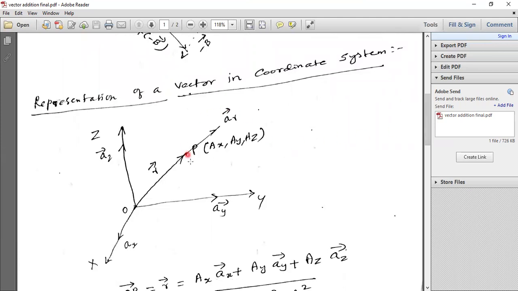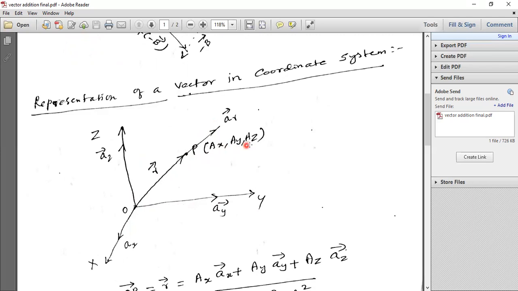Suppose you take any point P, which is represented in rectangular coordinate system. Now, this point P is given by the coefficients Ax, Ay, Az. Along the x direction, y direction, and z direction, we have the coordinates.